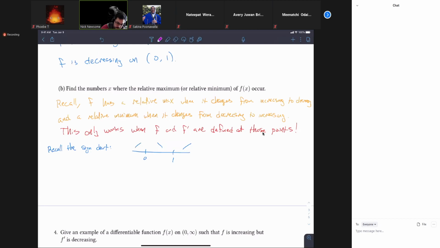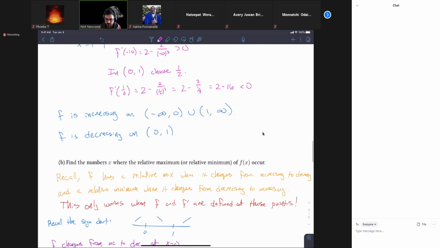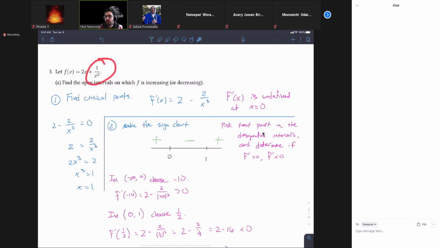Okay. So f changes from increasing to decreasing at x equals 0. But we're not defined at 0. There's a vertical asymptote there.